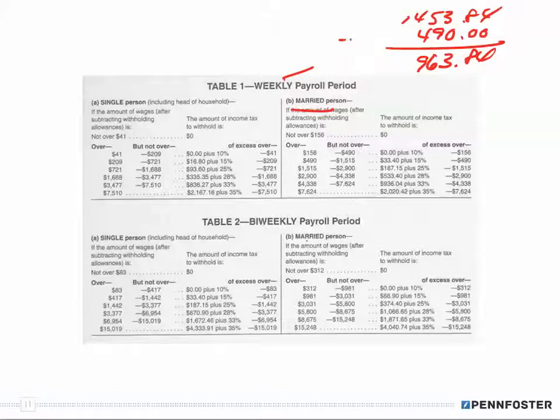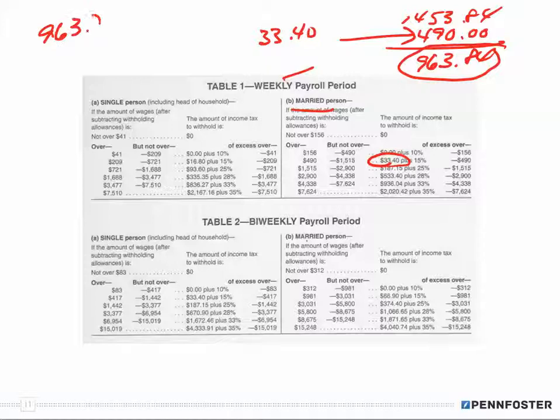Now remember, for the 490, when we're looking at this right here, it's $33.40. That's the tax that we're going to pay on the 490.